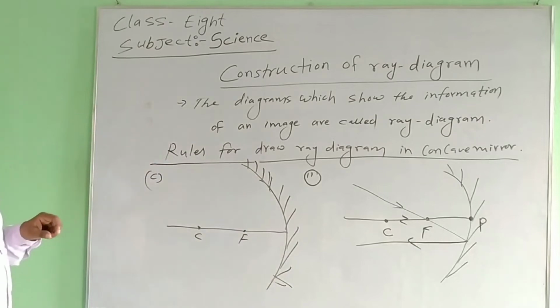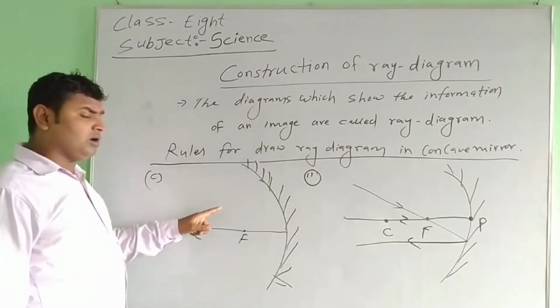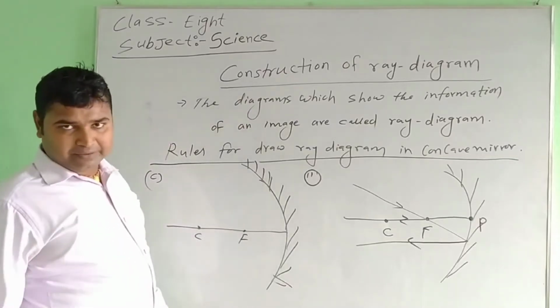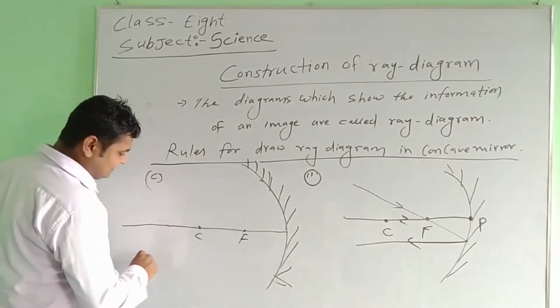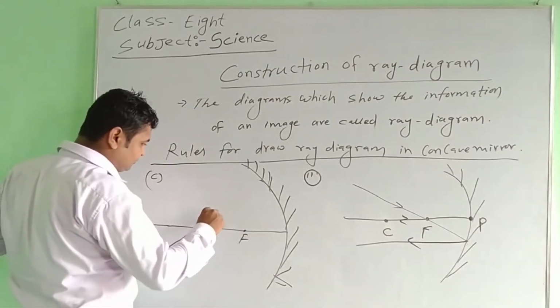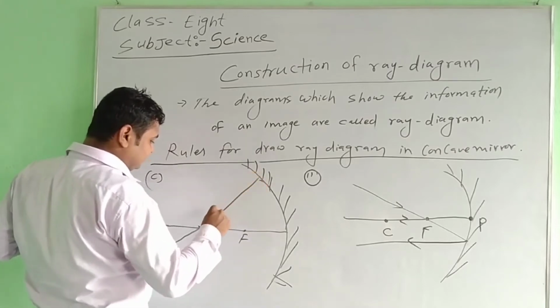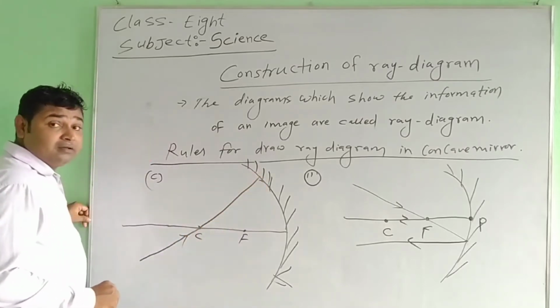When an incident ray is passing through the center of curvature, then what will happen?